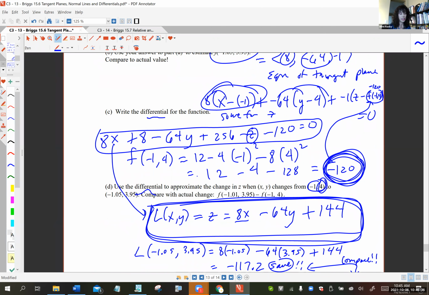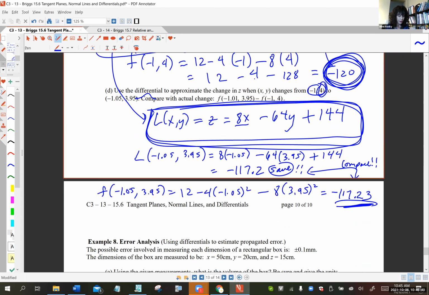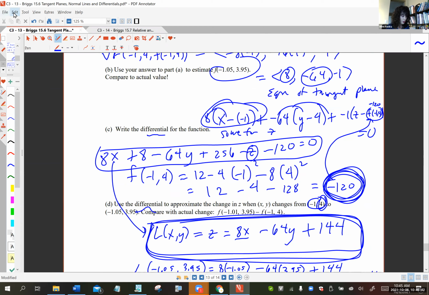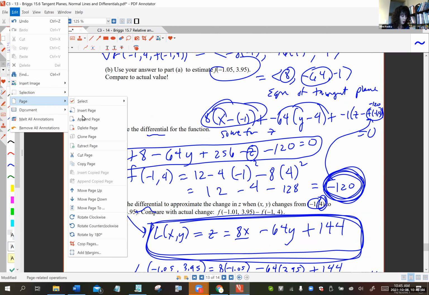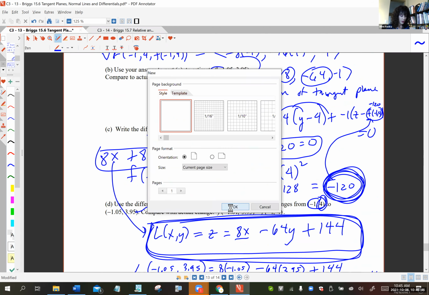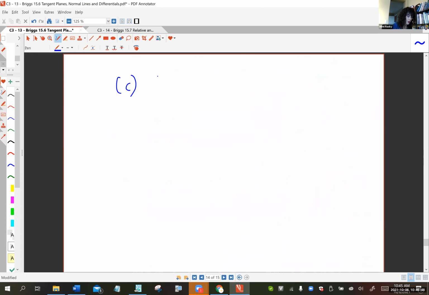So now let's turn our attention to, instead of the linear approximating function, the differential only. So what is the differential for this function? Letter C, they want something else now, not the linear approximating function. Please know the difference, because on the quiz Sunday, I'll give you a function just like here, and I'll have two parts.